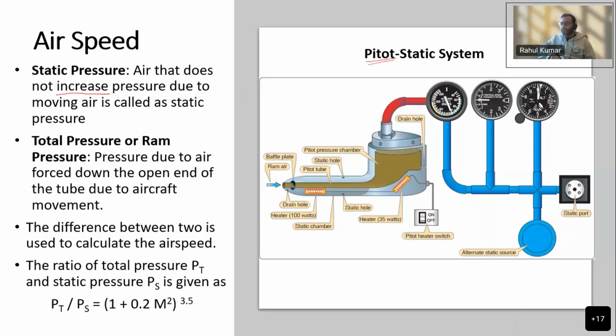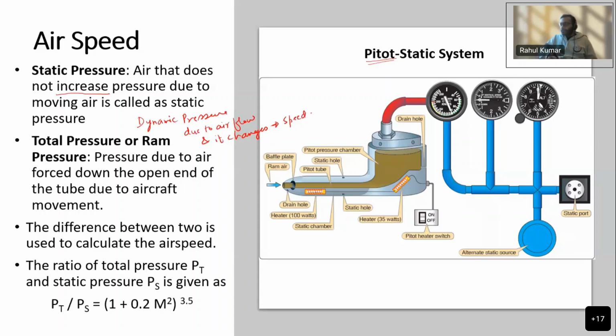Dynamic pressure will change, and it is mainly because of the airflow. It changes depending on your speed.